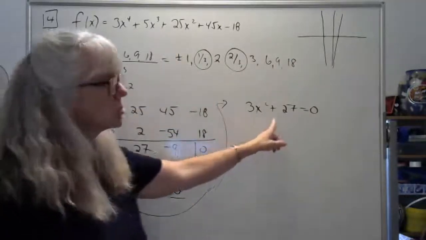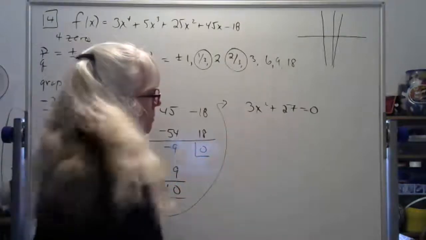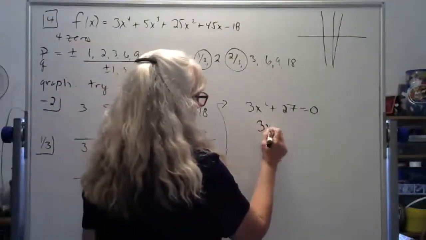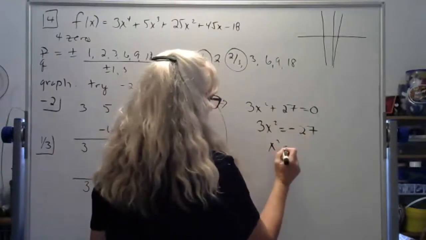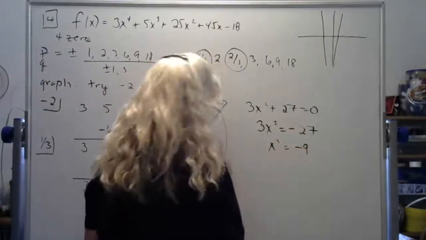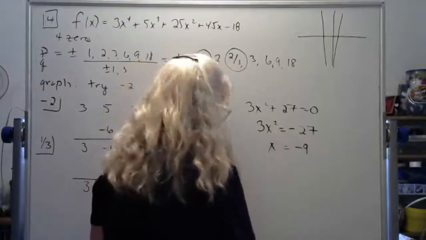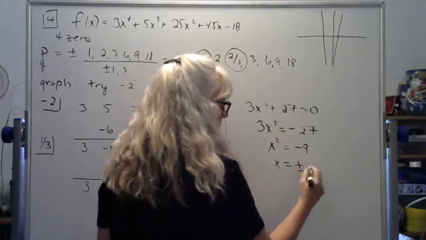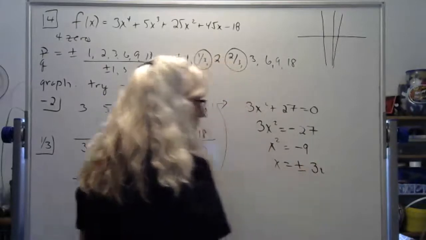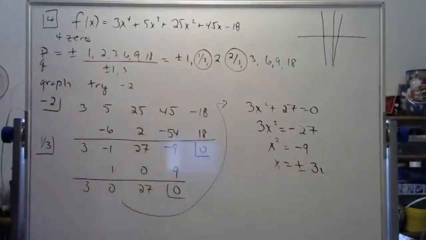The other 2 zeros that we need are going to be complex numbers, so they're going to come out of this. So we'll have 3x squared equals -27. So x squared equals -9. So x equals plus or minus the square root of -9, which is 3i. Okay, woo!